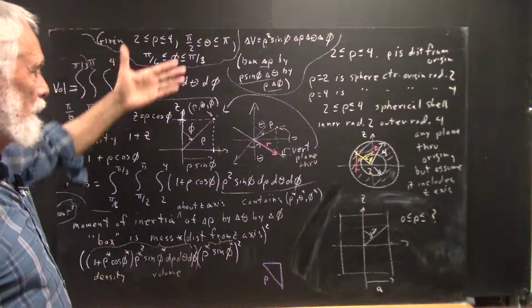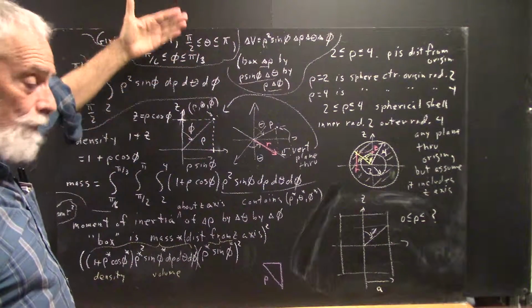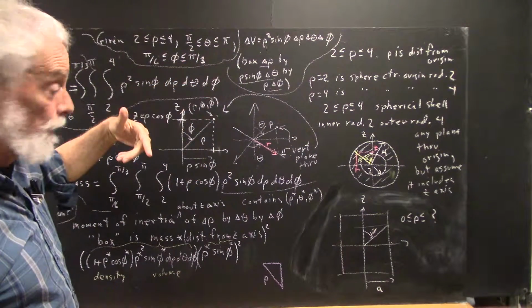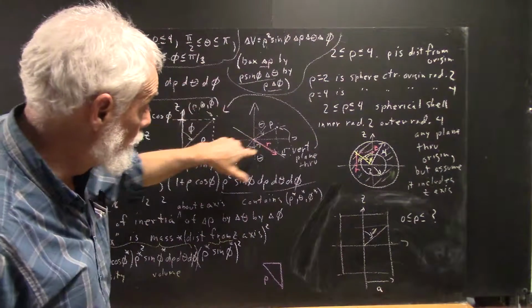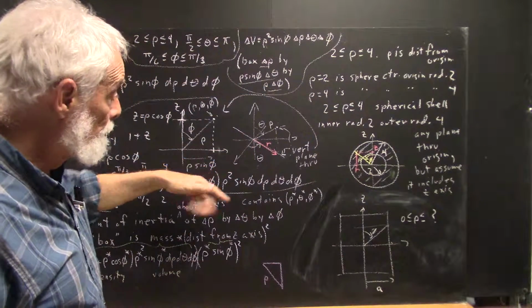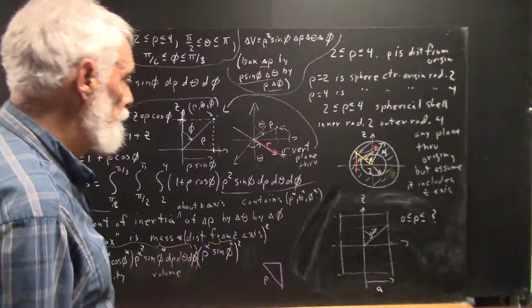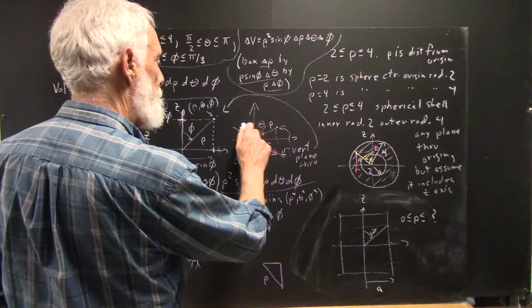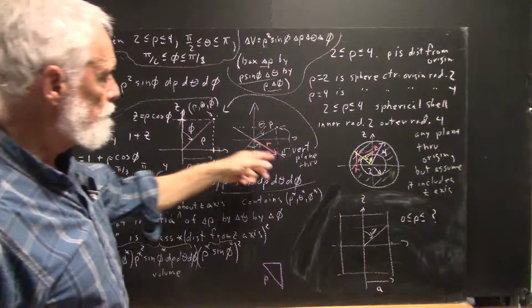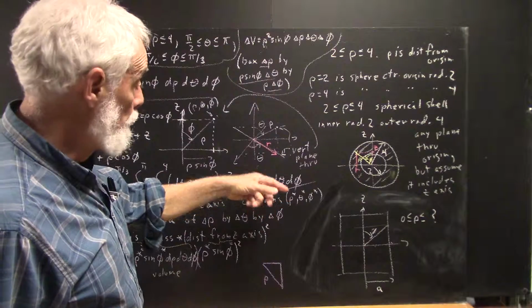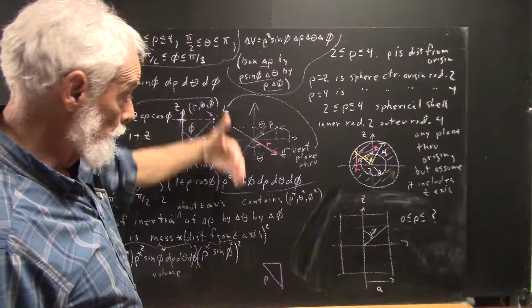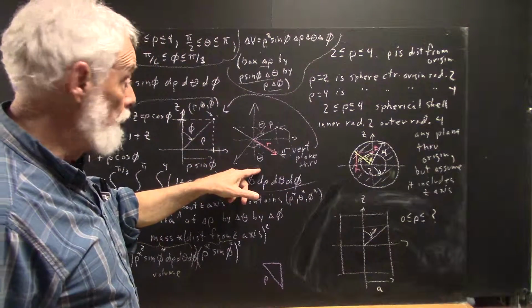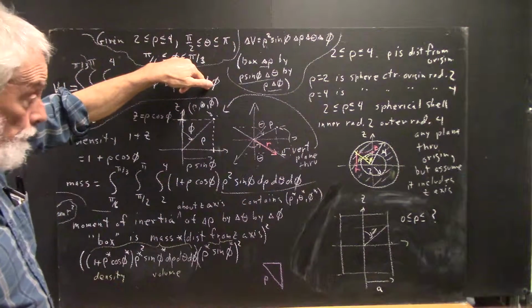Theta, you're not sure of. Remember, you can cut this thing through any plane through the z-axis. You just cut it through the one that also goes through the point rho, theta, phi, so you're going to be cutting at an angle theta with respect to the x-axis. So if we have this line down here in the xy plane, the plane that includes this line and the z-axis, in other words the vertical plane through this line down in the xy plane at angle theta, will include the point rho, theta, phi, won't it?